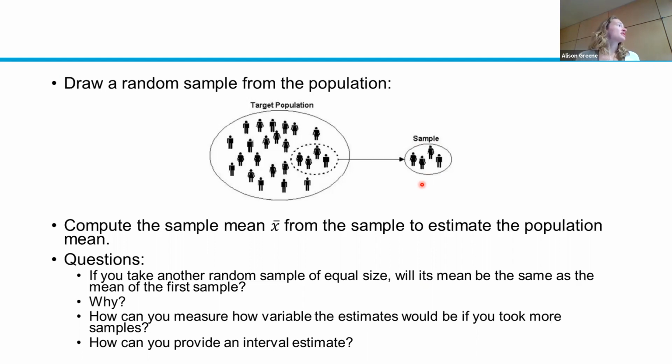So we want to understand, if we take another sample of the same size, how similar would their estimate be to this one? How different might it be? How can we measure the variability in the estimates if we took more or fewer samples? And then finally, how can we provide that interval estimate, which is our confidence interval?